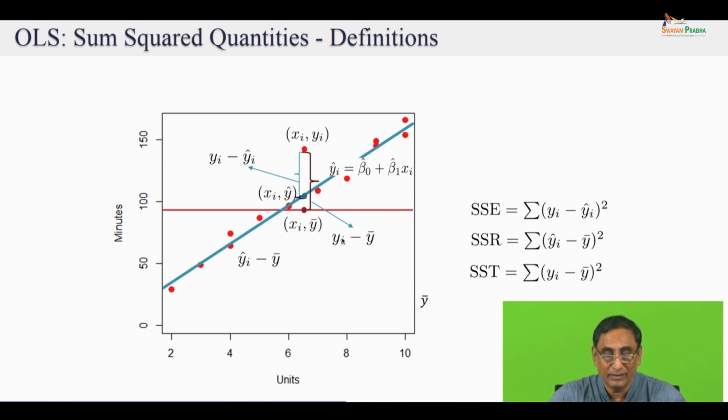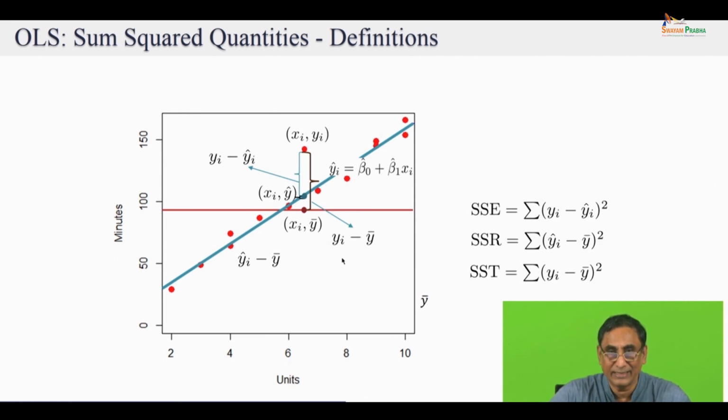So, we estimate the best constant fit for yi as this mean value. The red line represents the best fit when we ignore beta 1, the slope. The blue line represents the best fit of the data when we include the slope parameter beta 1.